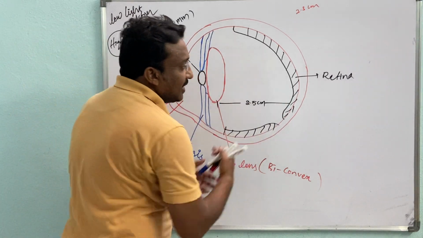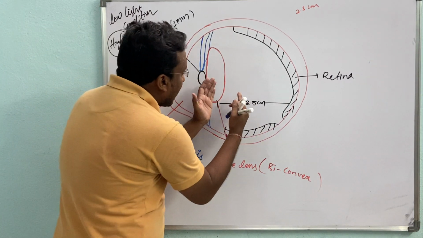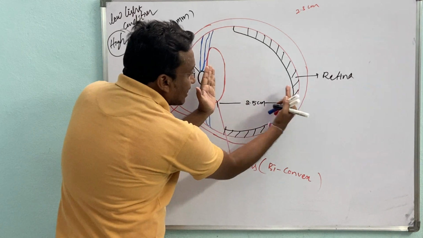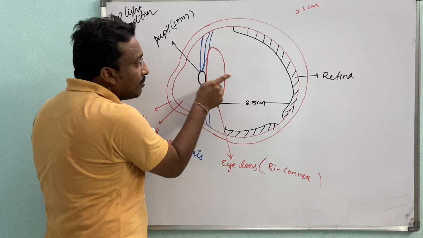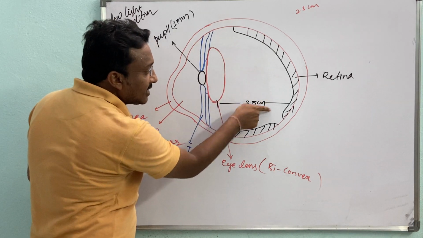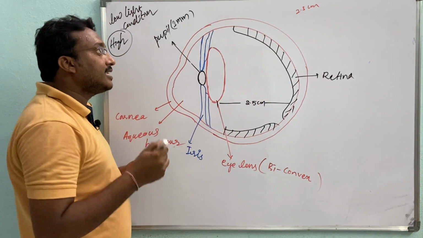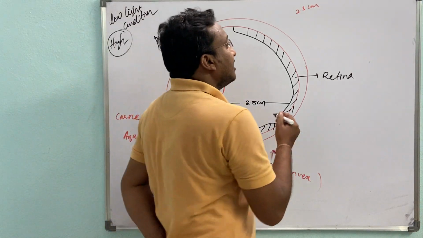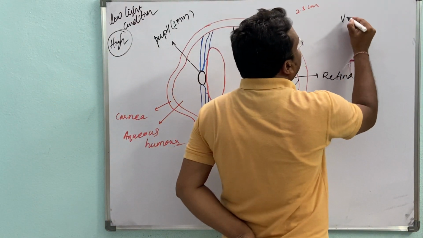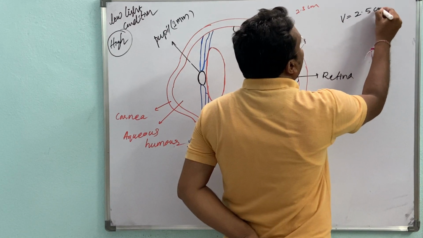And it is fixed. That means the eye lens forms the image on the retina. Then this 2.5 centimeters is considered as the image distance. So v equals 2.5 centimeters.